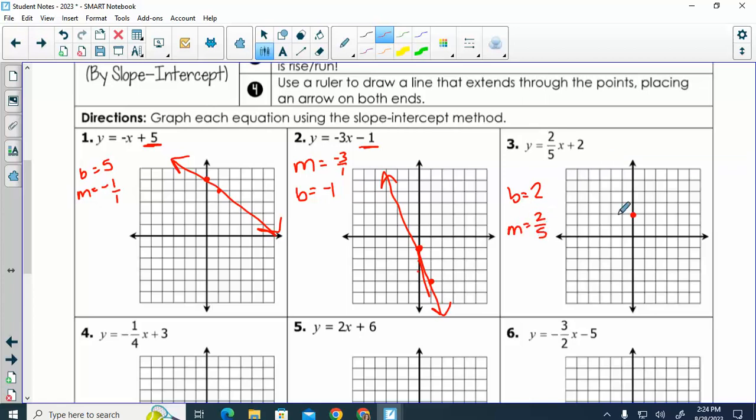So that means from my y-intercept, we go up 2 and to the right 5. Then you're using your ruler to draw a straight line. Arrows on the ends.